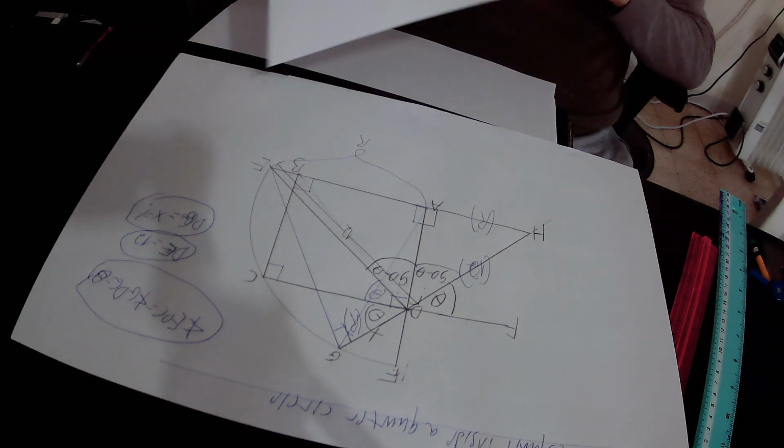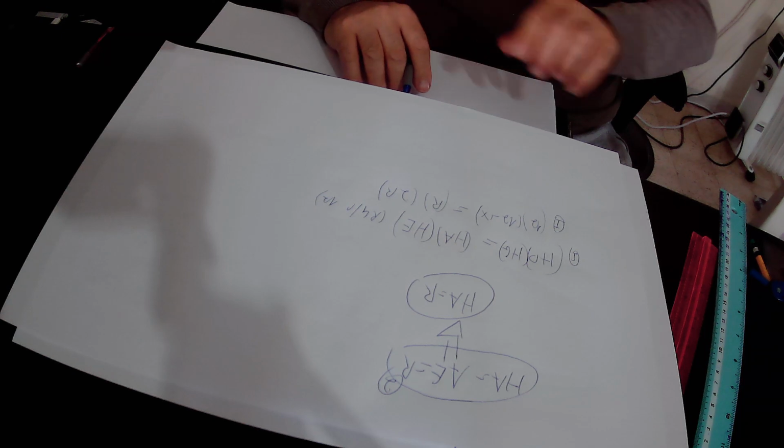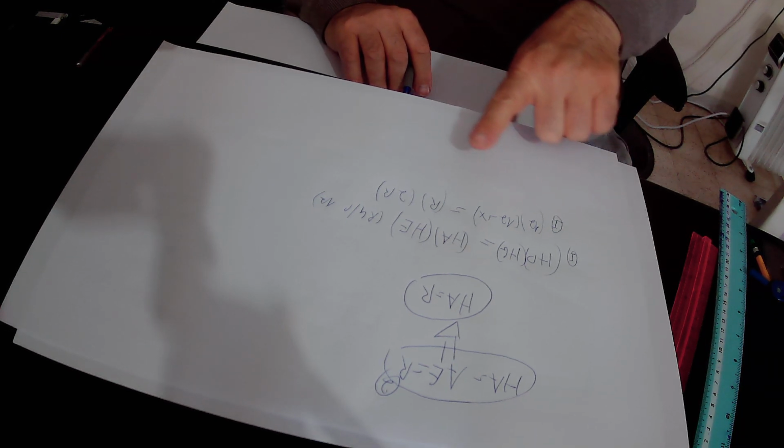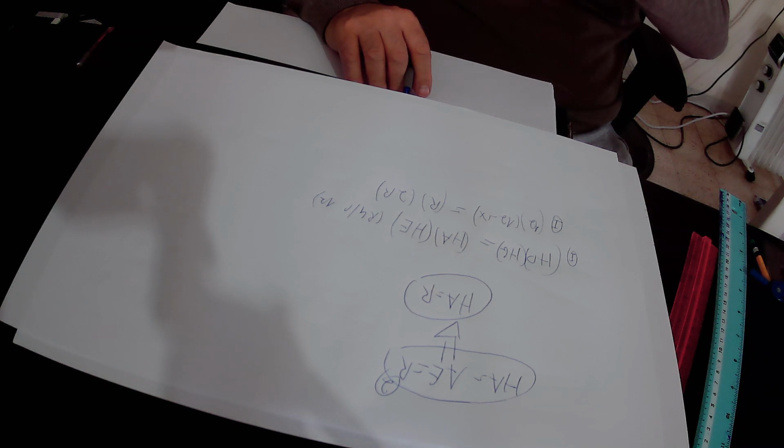So we find that 12 times 12 plus x equals R times 2R.